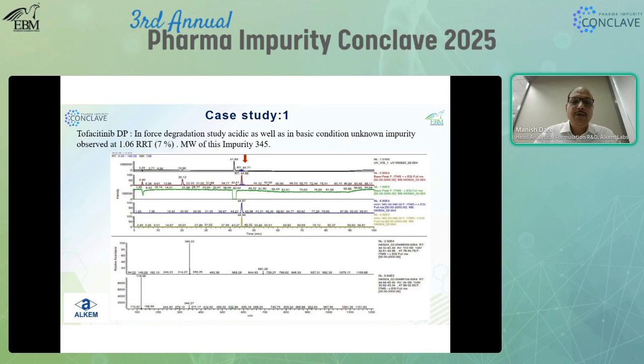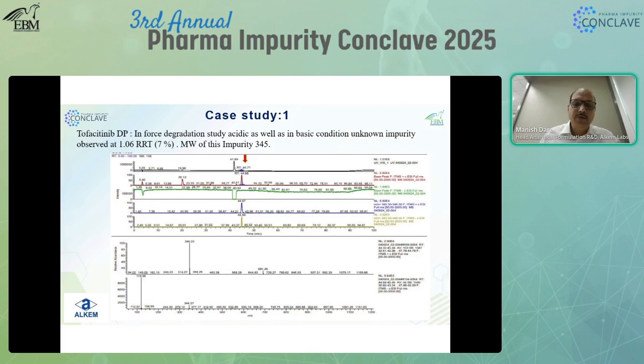We take help from mass spectroscopy, LCMS, and we develop a method compatible with mass spectroscopy, and we identify the mass as 345.